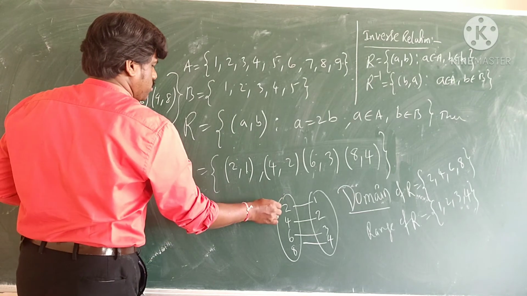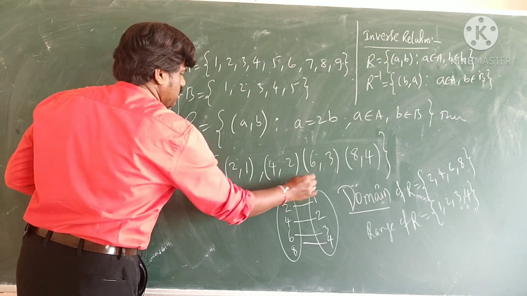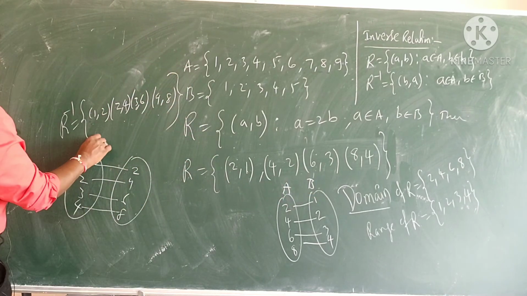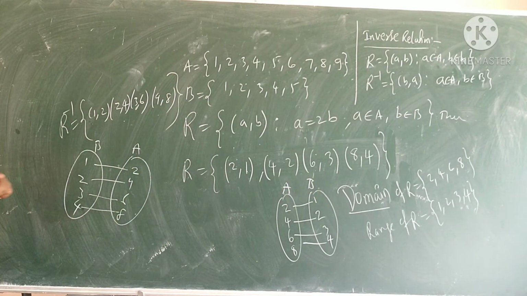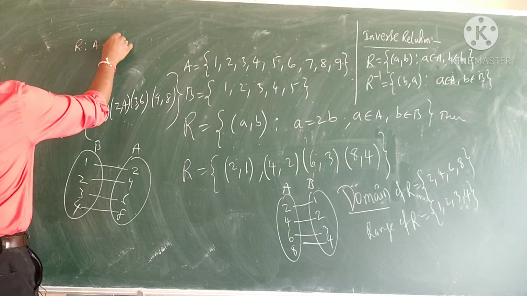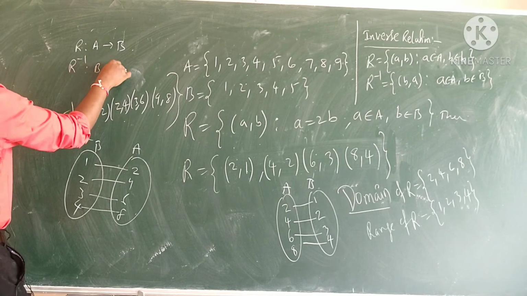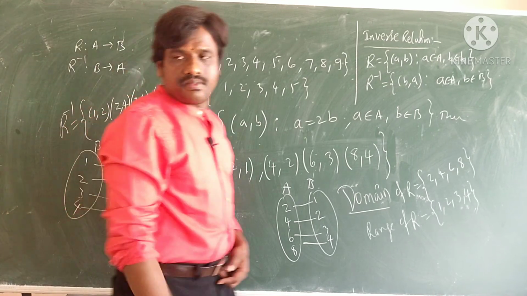This is R inverse. If R is a relation from set A to set B, then R inverse will be the relation from set B to set A.